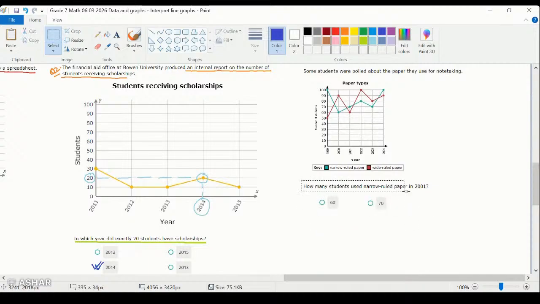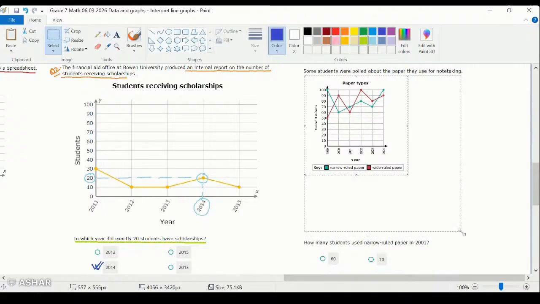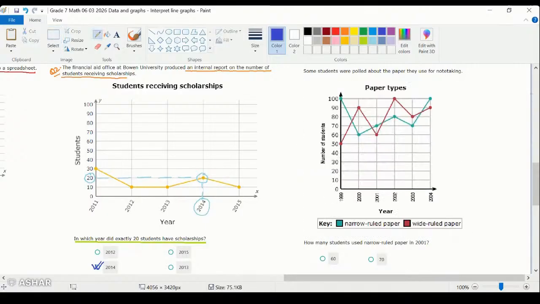This is the question given in question number 3, and these are the two options given to us. How many students used narrow rule paper in year 2001? So they are talking about the year, so we look at the year. It was narrow rule paper that is drawn in a green color. So we look at the line graph that is in green.